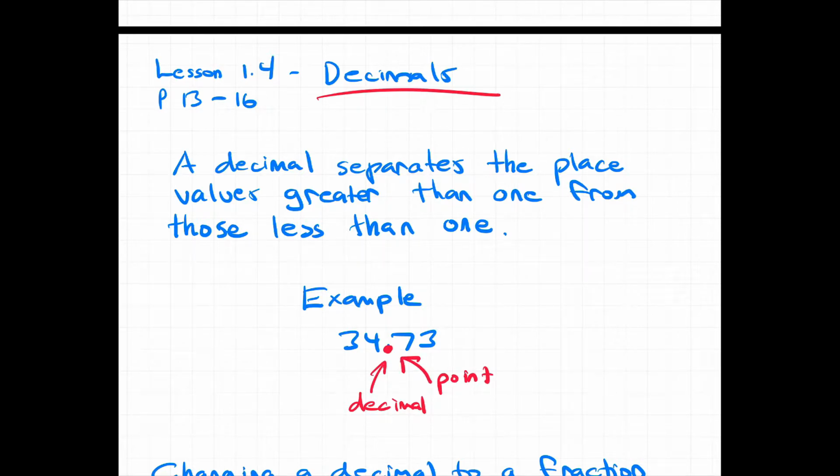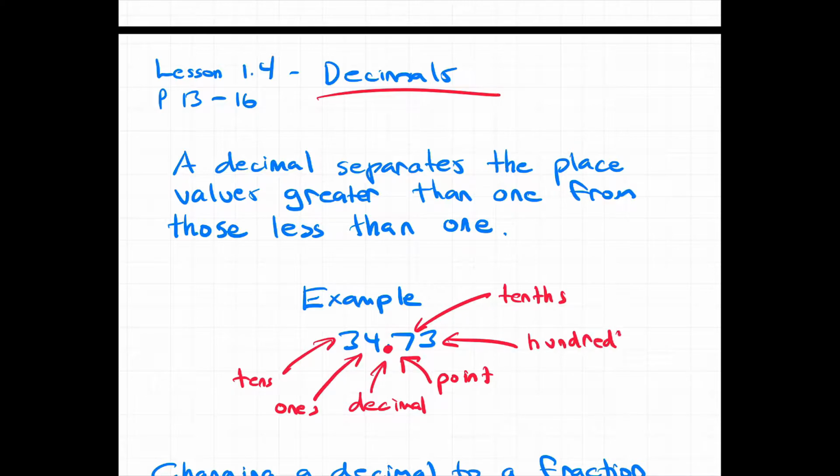Now, when we look at this, we know that the 3 is in the tens column, the 4 is in the ones column, the 7 is in the tenths column, and the 3 is in the hundredths column. So everything to the right of the decimal is going to be values that are less than 1.